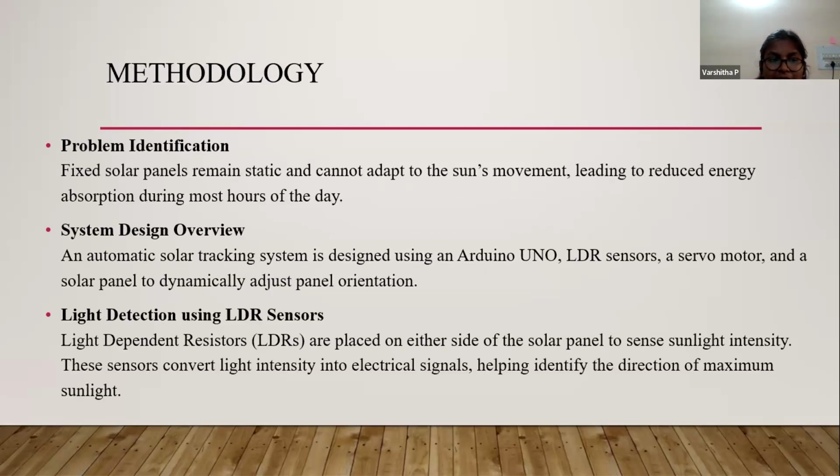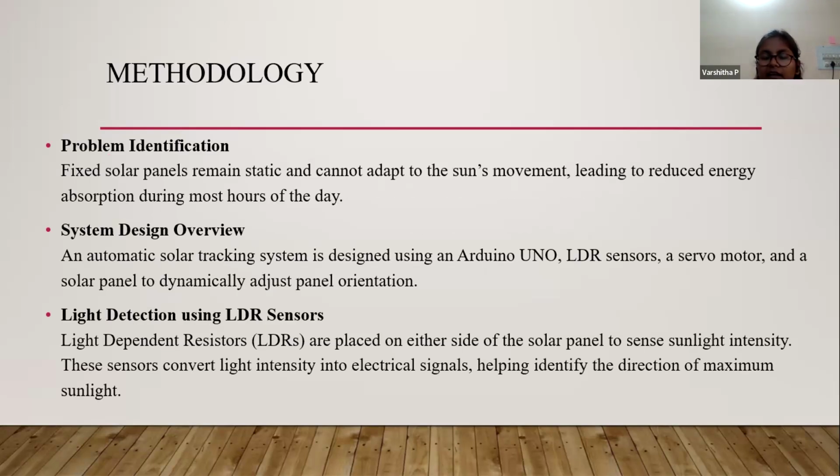The main problem was that fixed solar panels remain static and cannot adapt to the sun's movement, leading to reduced absorption during most hours of the day. So the solution is an automatic solar tracking system.